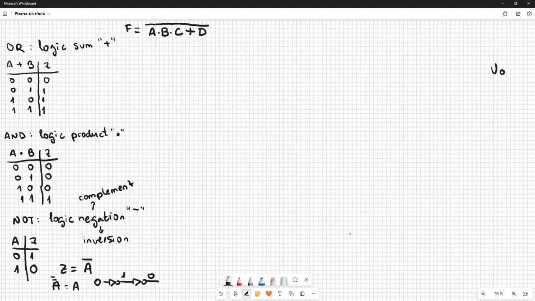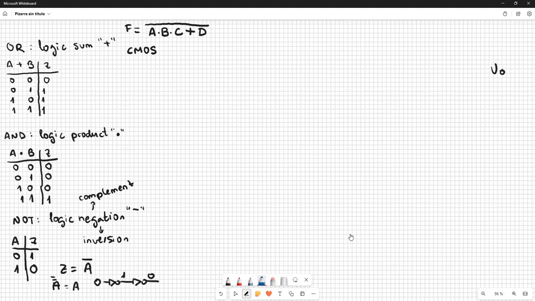Well, we have to analyze the function. We need to know if the technology that we have to use is NMOS or CMOS. In this case, imagine that you are told to implement this with a CMOS technology. So how do we proceed with this function? We can identify that we have logic products and a logic sum.